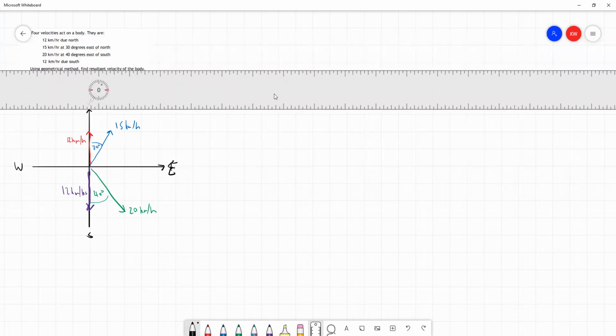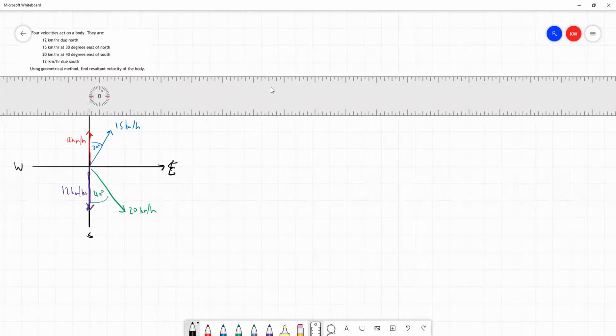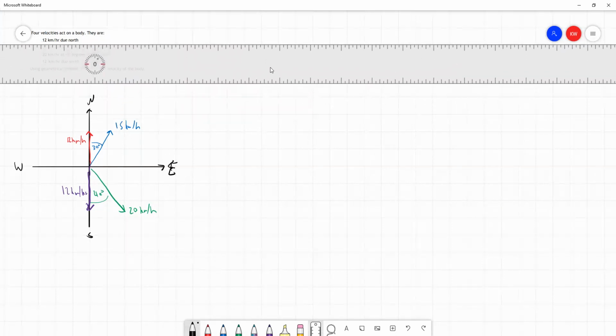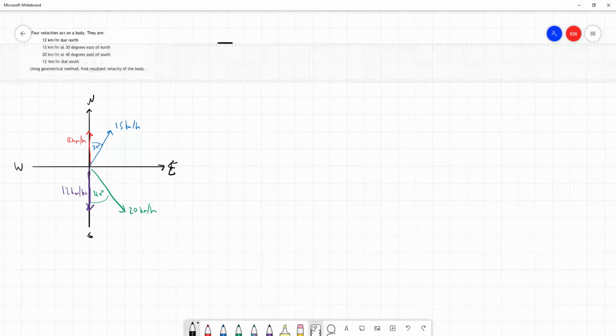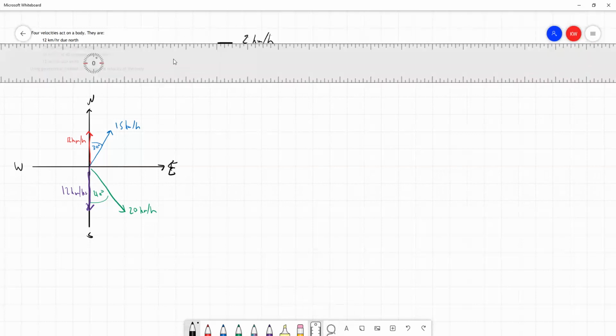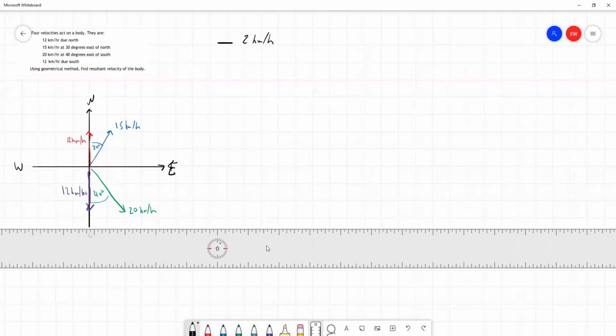So I'm going to say, because of the size of the page I'm working on, I'm going to make one of these little intervals in my ruler, so maybe a centimetre on your page. I'm going to make this distance here, and I'm going to say this represents 2 kilometers per hour. So I wanted to draw my first vector, which we'll be doing shortly. It'll be 6 of those to length, because they are all 2 kilometers per hour.